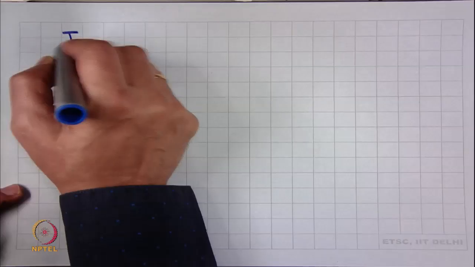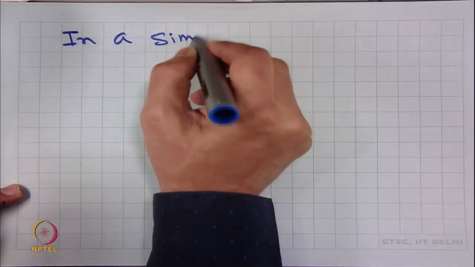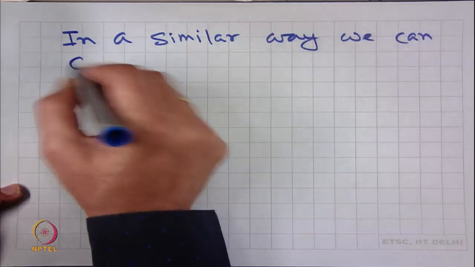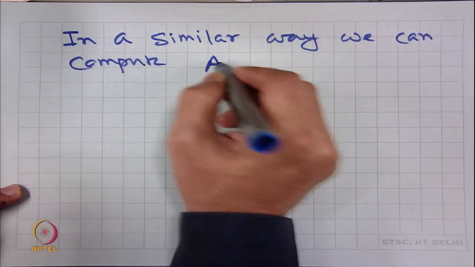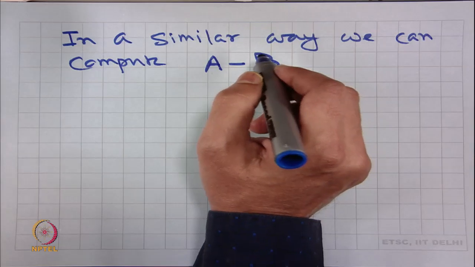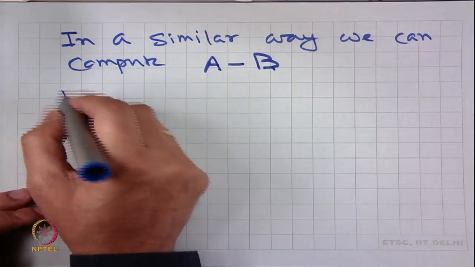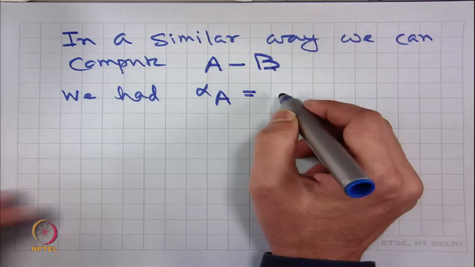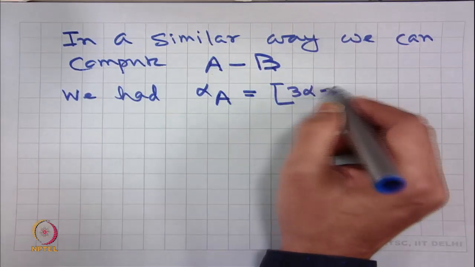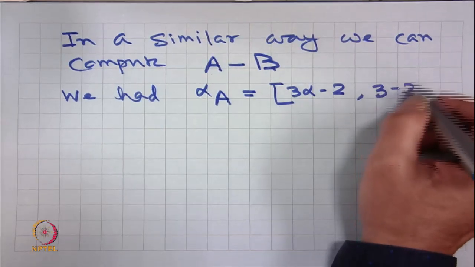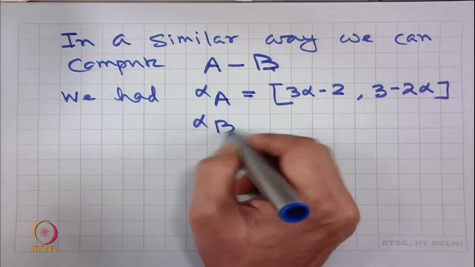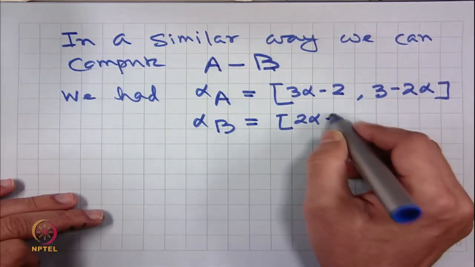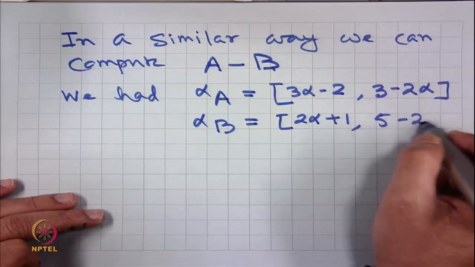In a similar way, we can compute A minus B. We had the alpha cut of A equal to [3 alpha minus 2, 3 minus 2 alpha], and the alpha cut of B equal to [2 alpha plus 1, 5 minus 2 alpha].